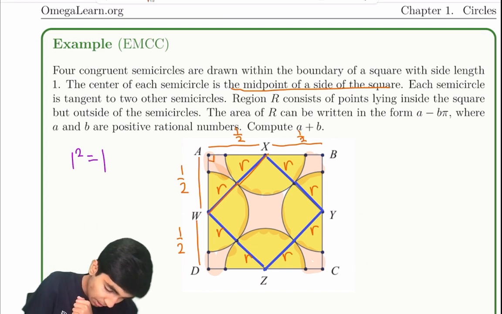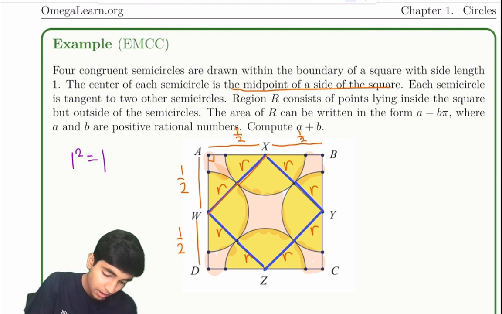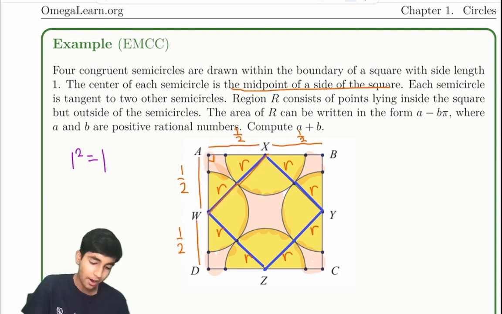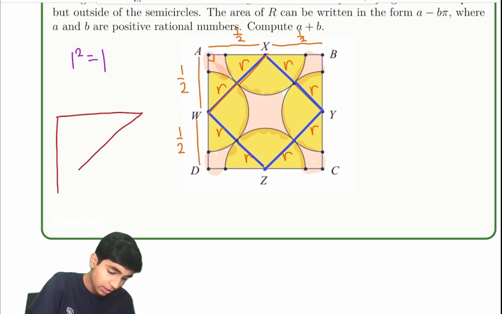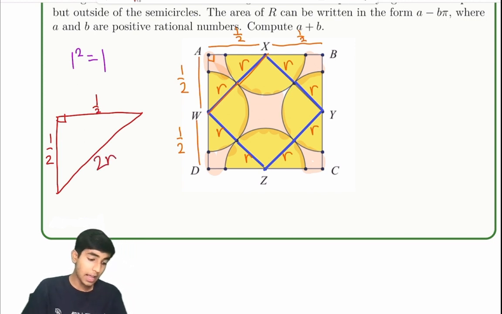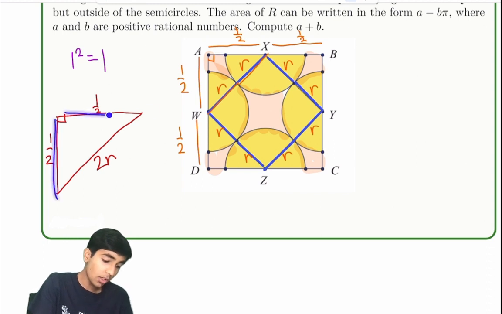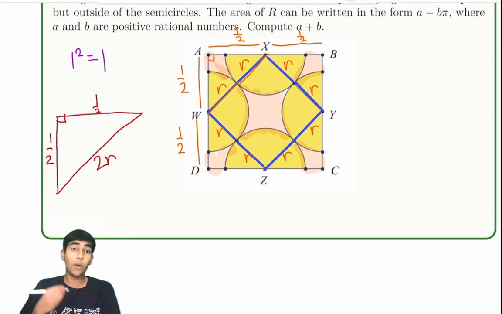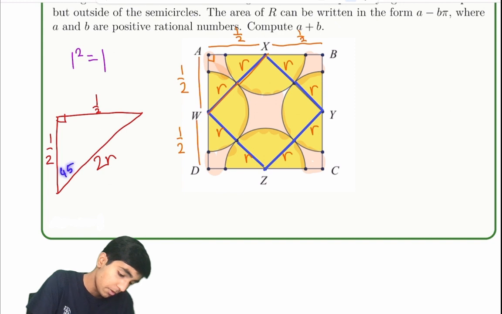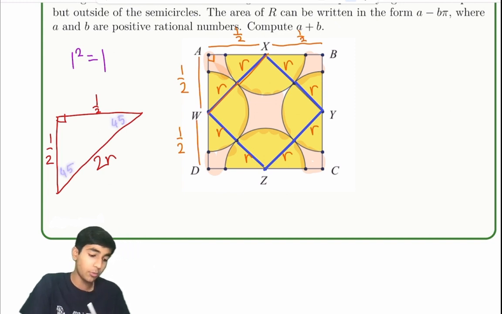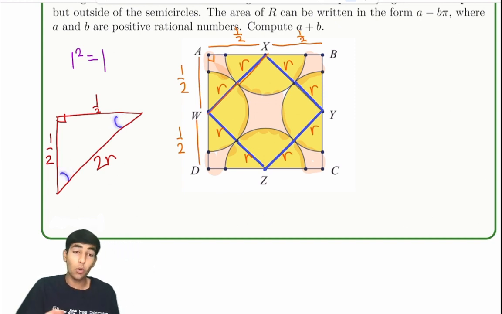Look here, this is a right triangle with half, half, and 2r. Let's draw it separately so we can avoid the clutter. These two side lengths are equal and it's a 90-degree angle, so it's a nice special right triangle, also known as a 45-45-90 triangle, because the sum of angles is 180 and these two angles have to be equal.